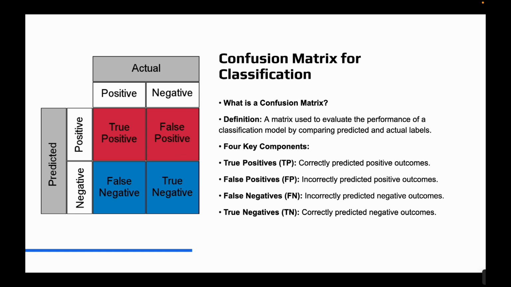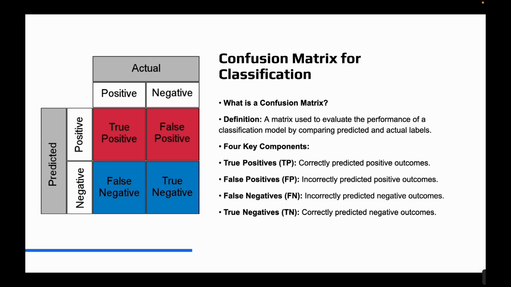So we have to first start by learning what a confusion matrix is. A confusion matrix is used to evaluate the performance of a classification model by comparing predicted and actual labels. There are four key components. There's the true positives, which are the correctly predicted positive outcomes, and the false positives, where you incorrectly predict a positive outcome.